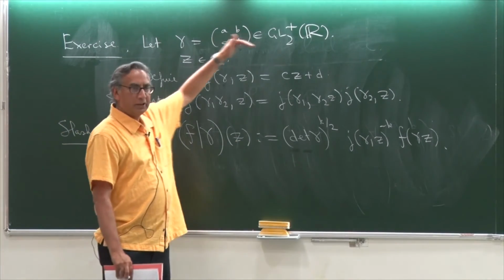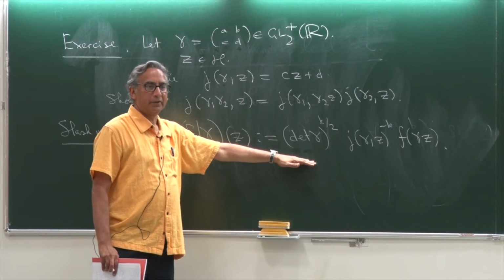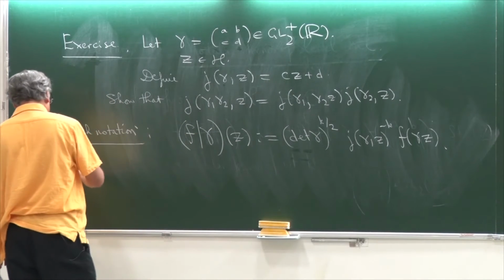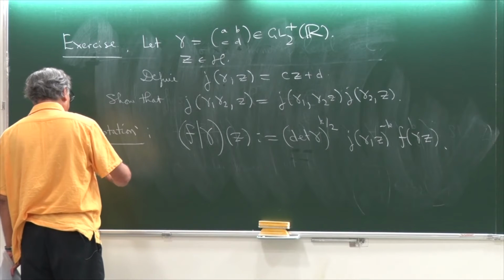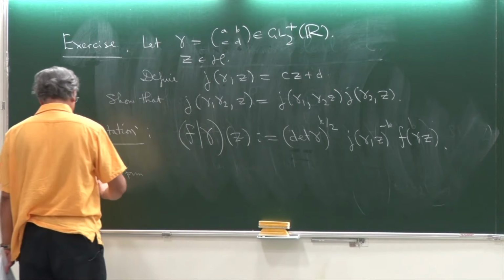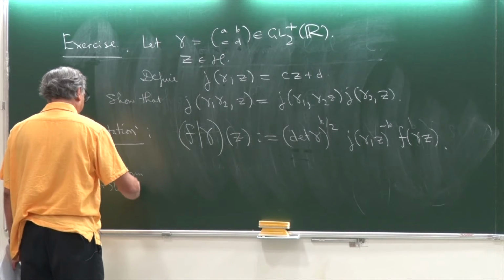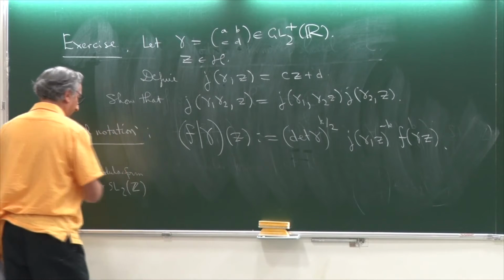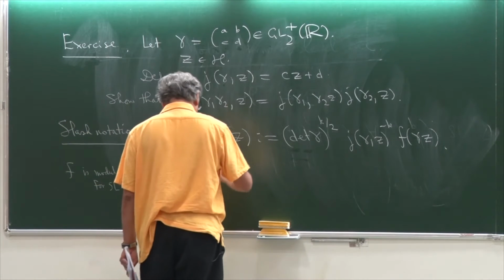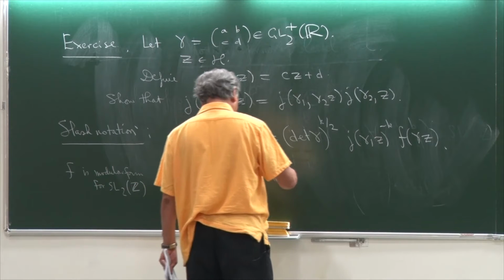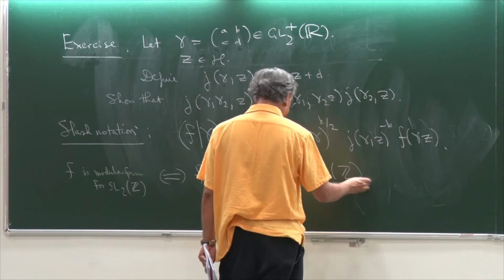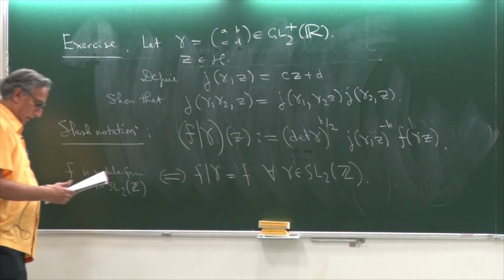But if gamma is in GL2 plus R, there will be a non-trivial factor here. We'll just use this as a notation. And so to say that f is a modular form for SL2Z is equivalent to saying that f slash gamma equals f for all gamma in SL2Z. That's a nice convenient notation.